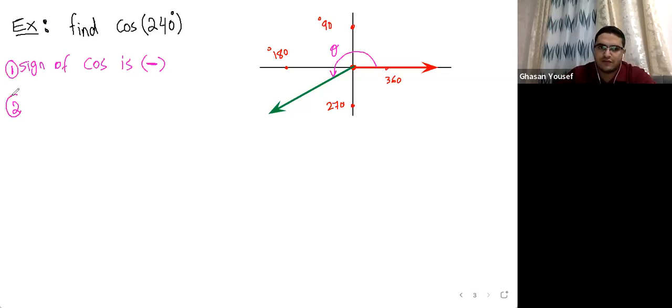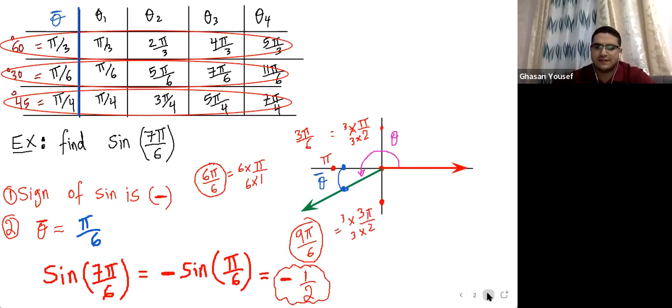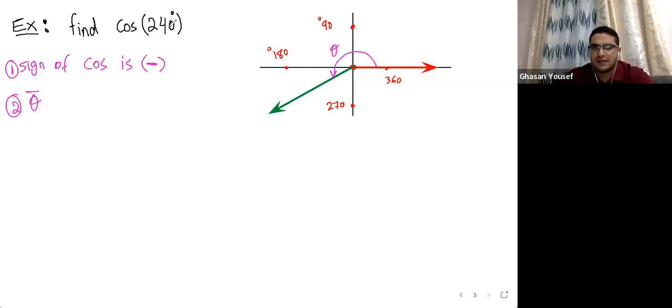Second step, you have to find the reference angle. The reference angle for 240, I did not give it to you in the table, but it is easy to find. The reference angle is the acute angle between the x-axis, this is my x-axis, and the terminal side, this is my terminal side.